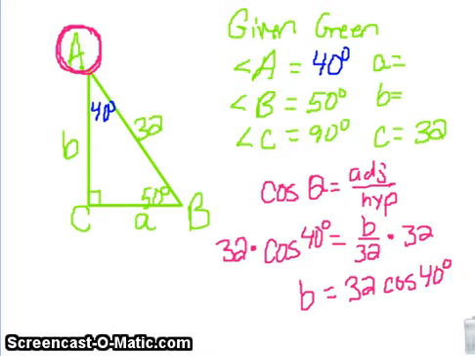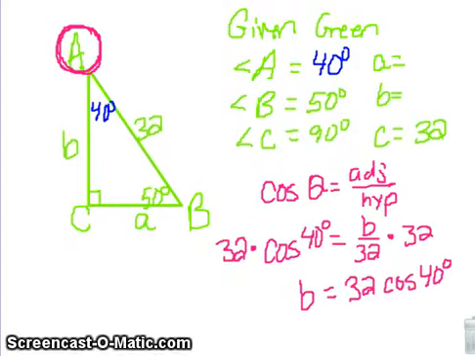So since it's degrees, what do we have to do to our calculator if we're using degrees? Yeah, check your mode. Everybody hit mode and make sure that your calculator is in degree mode.